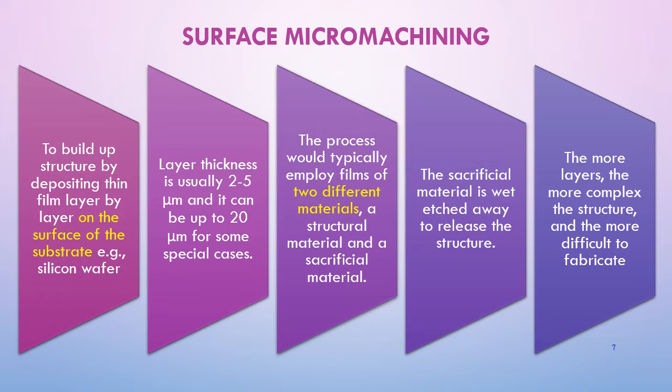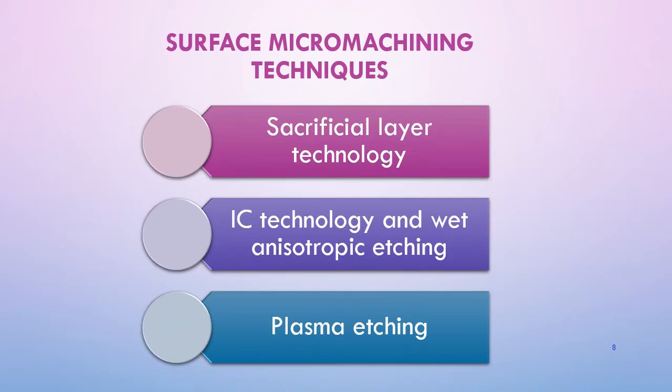The more layers, the more complex the structure will be, and of course it becomes more difficult to fabricate. In surface micromachining, there are several techniques employed. One is sacrificial layer techniques, IC technology, wet anisotropic etching, and also plasma etching.